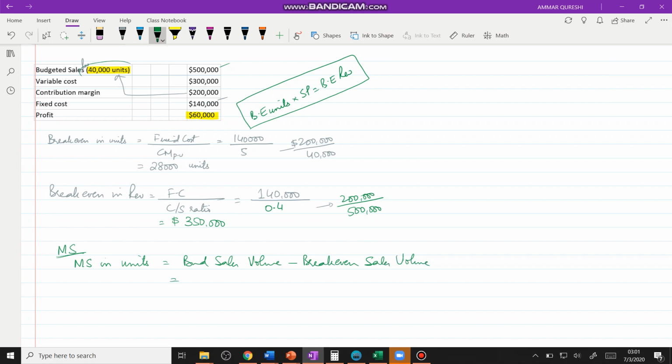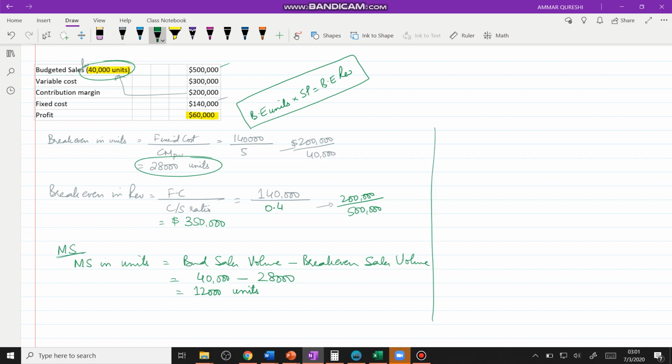Now what is budgeted sales volume? 40,000 units. And what is the break-even sales volume? 28,000 units. That means the company is selling 12,000 more units as compared with the break-even point. So this is basically its safety margin, right? The company is at a safe position because it's selling 12,000 units more.